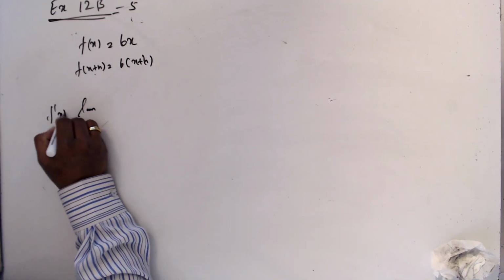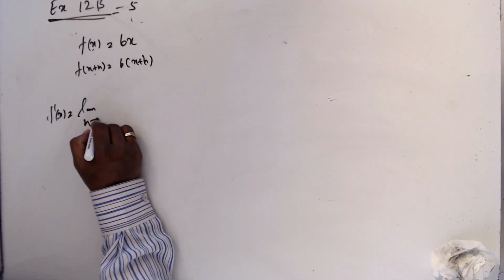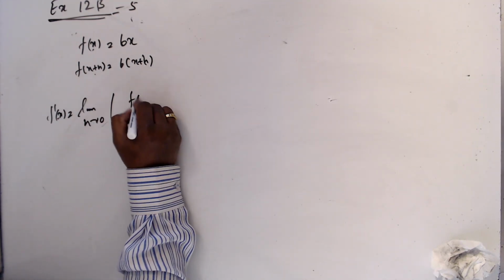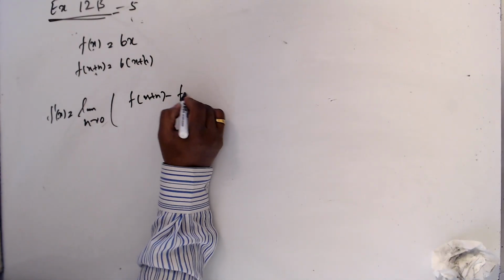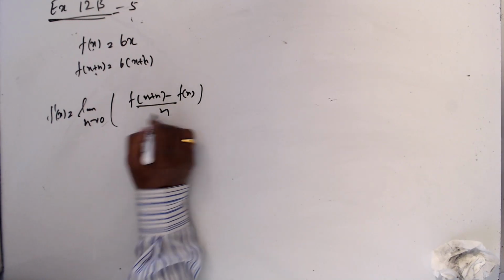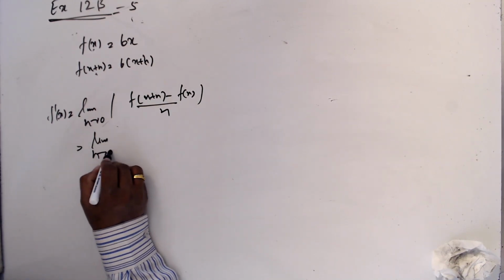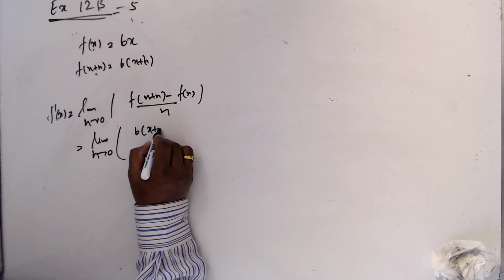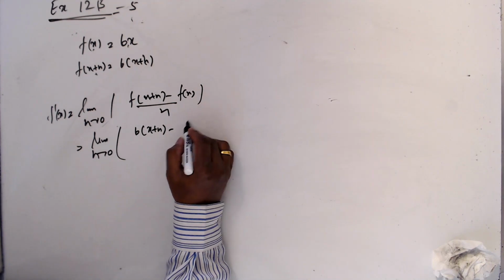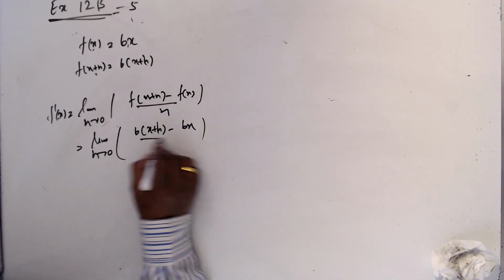As x, for the point x, the limit as h goes to 0, you can remember, of f(x plus h) minus f(x) over h. This is 6 times x plus h and this is 6x, over h.